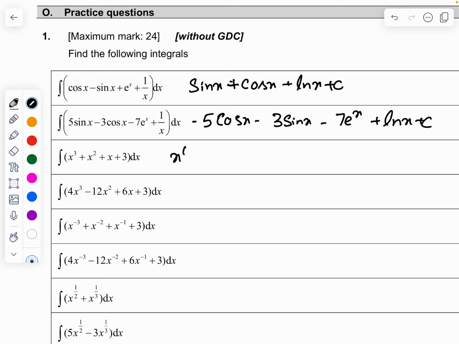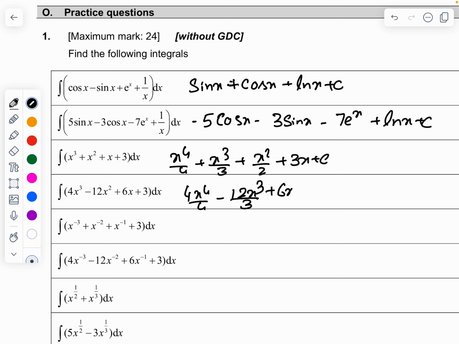X cube integral is x power 4 upon 4, x power 3 upon 3, x square upon 2 plus 3x plus c. Then it is 4x to the power of 4 upon 4 minus 12x cube upon 3 plus 6x square upon 2 plus 3x plus c. So what we can do, you can cancel 4 and 4, 3 and 3 times 4, 2 times 3.